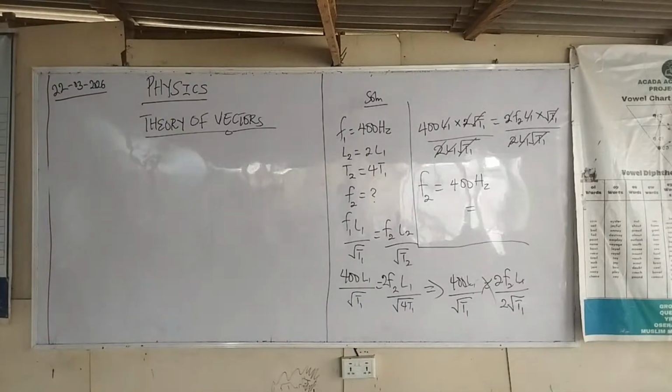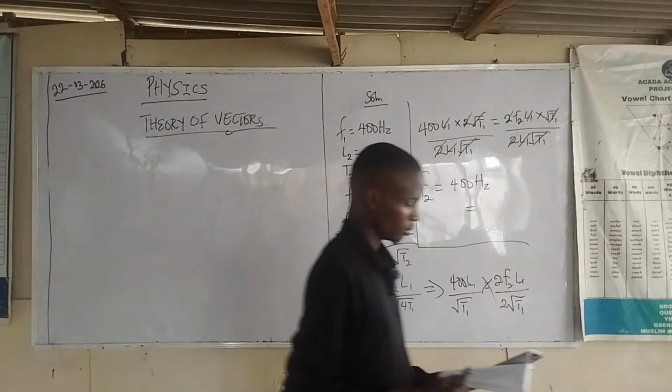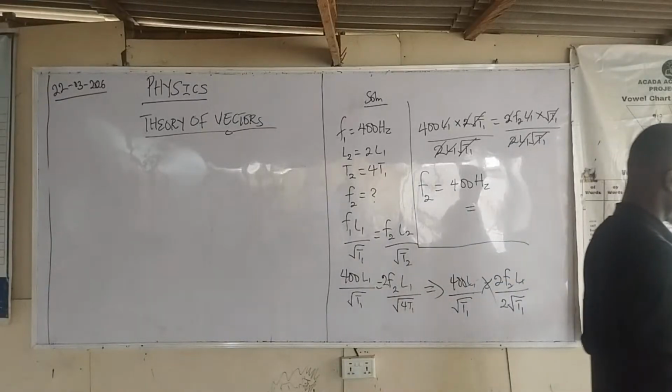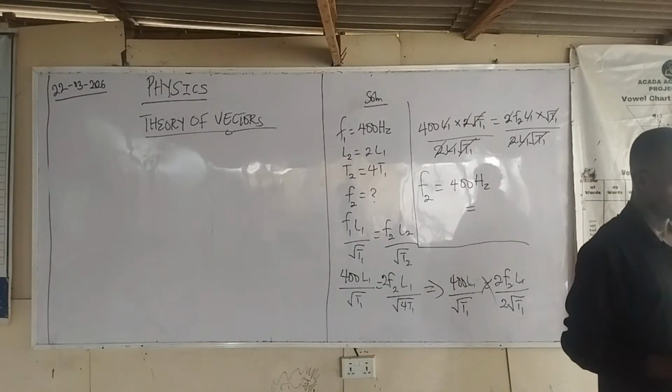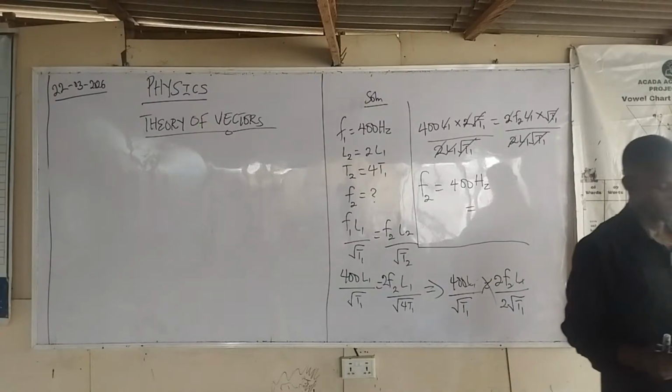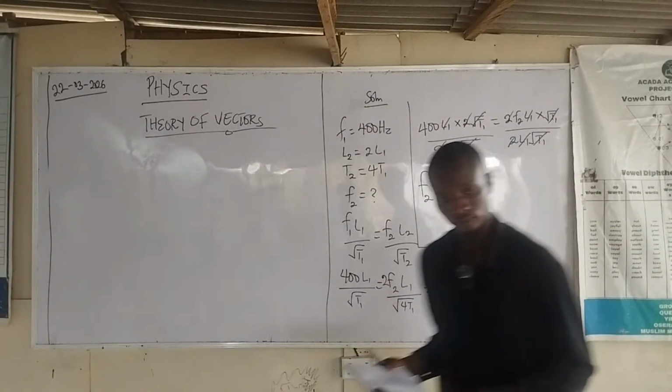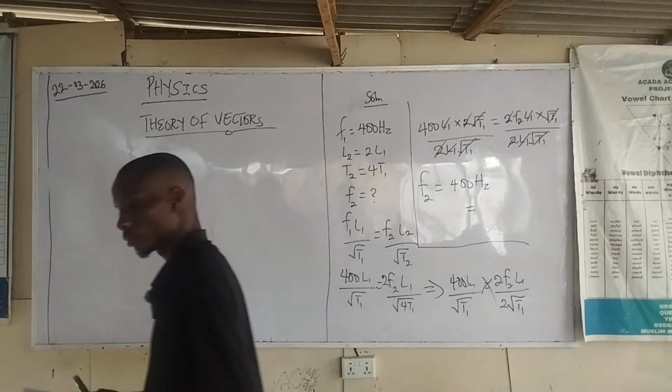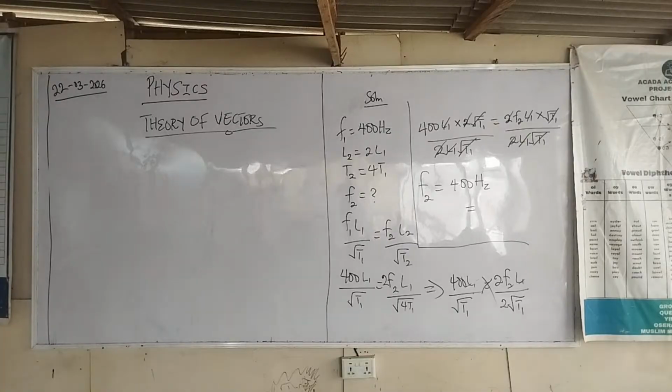There are two divisions of physical quantities, and these are scalar quantities and vector quantities, whereas a quantity is a measurable entity.